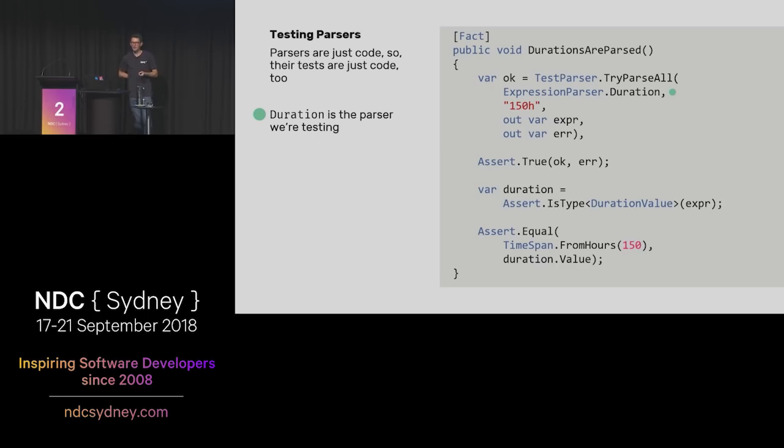So one of the strong benefits of parsers being code and parsers being the same at all levels is that you don't just test the overall grammar for the whole programming language or domain-specific language that you're building. Here, we've got a test that's just for parsing durations, and we can use a little helper function called try parse all, which will just go and apply that parser we've passed through, the one we're testing, give it some input, and then we can assert different things about what we got out of that.